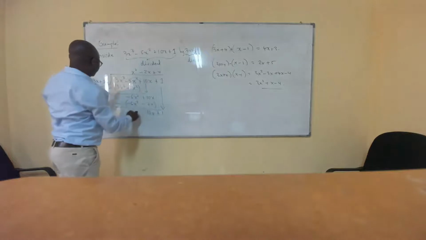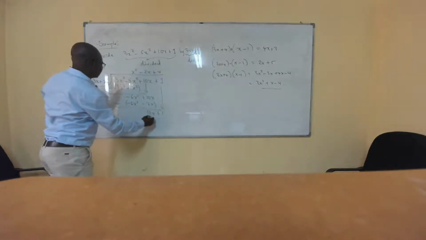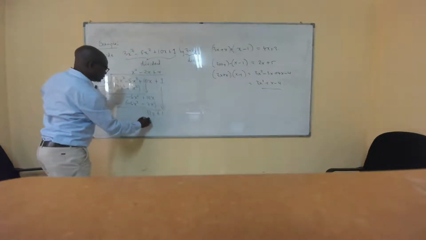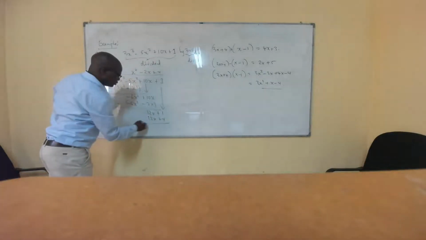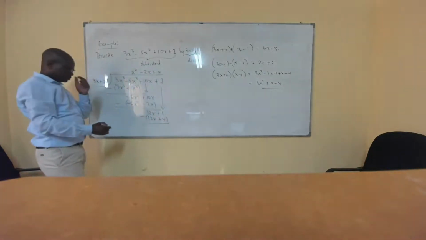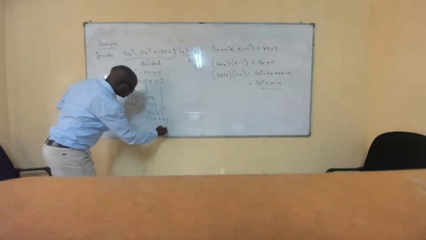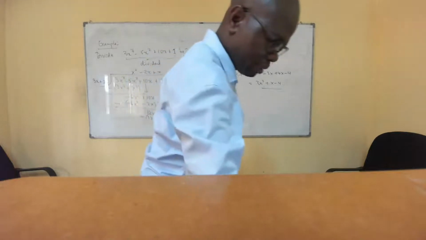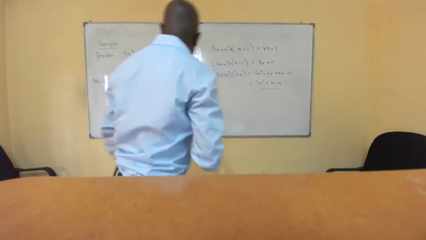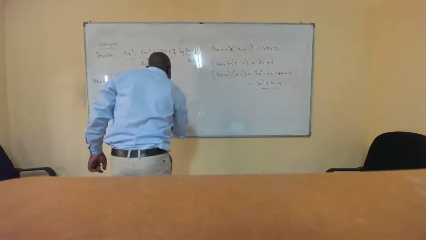So plus 4. So we have 12x, and then we have plus 4. So we put in brackets before subtracting. This will give us minus 3. So minus 3 is called the remainder.